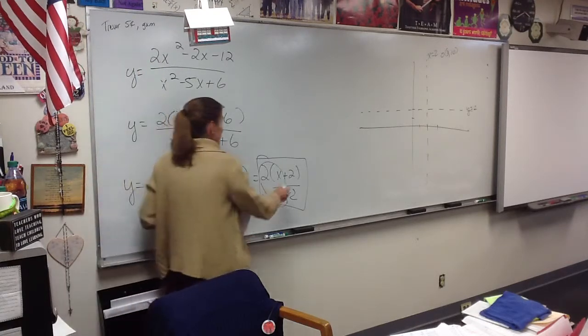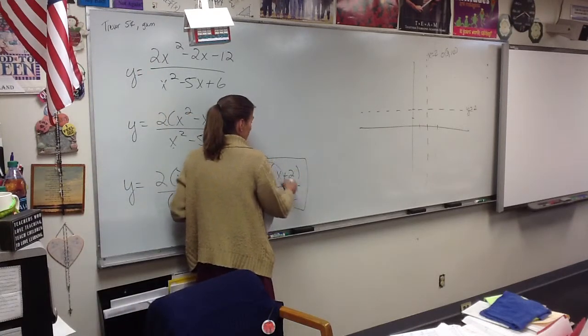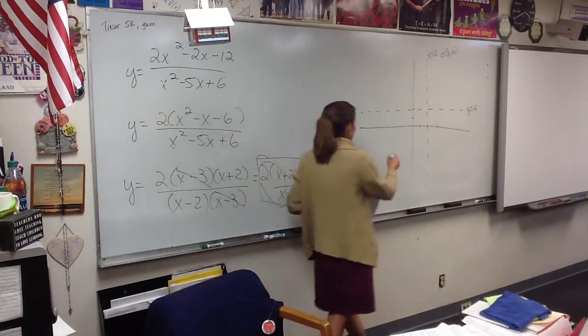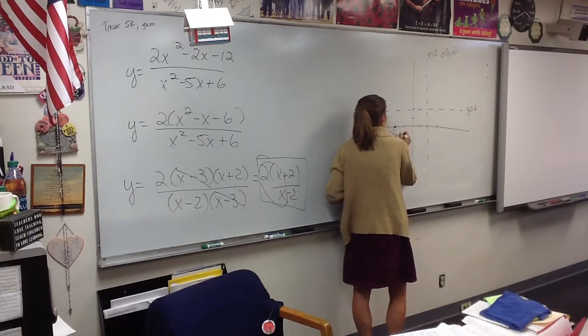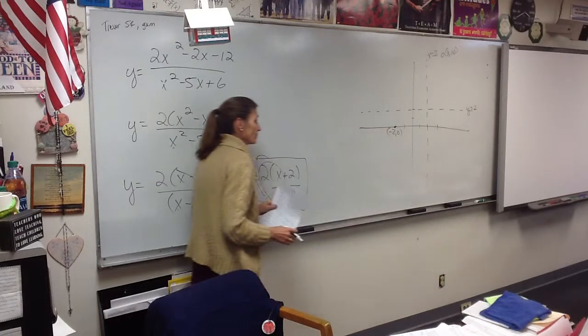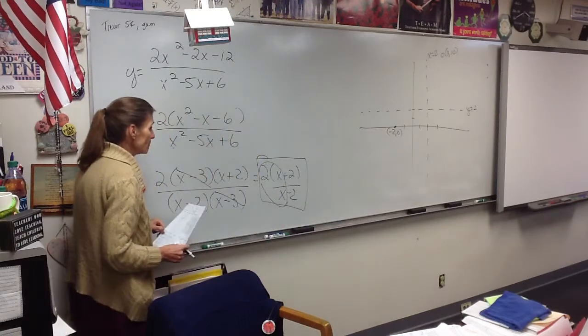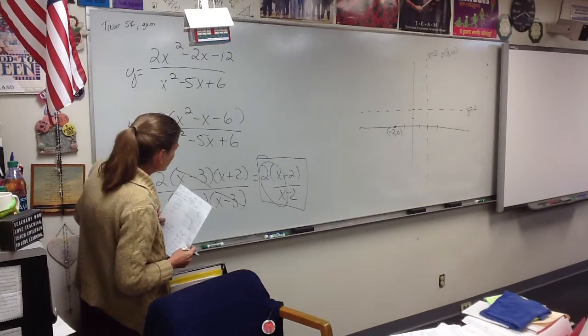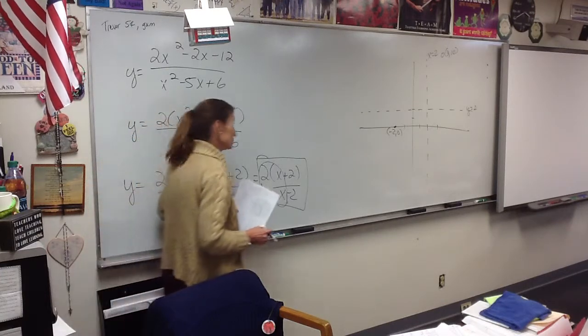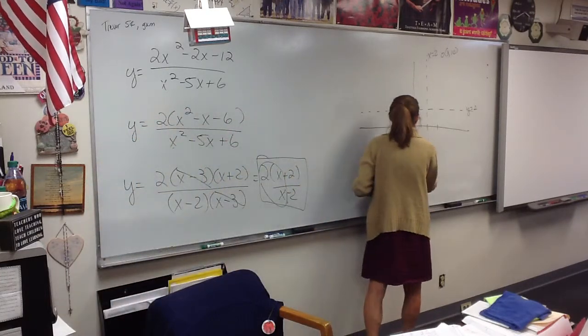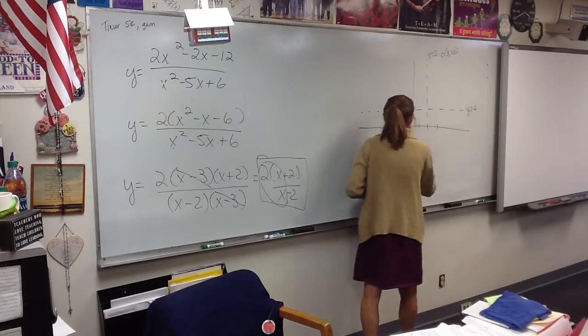Is there anything that makes this fraction equal 0? Yes, -2. That's your x-intercept. What happens if you let x be 0? -2. Coincidence doesn't always happen.